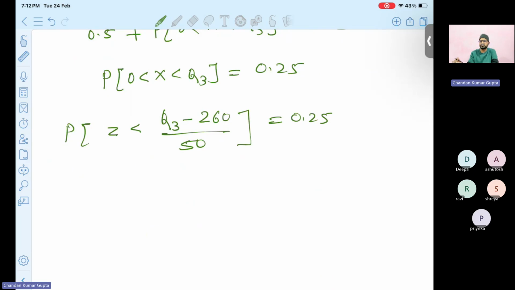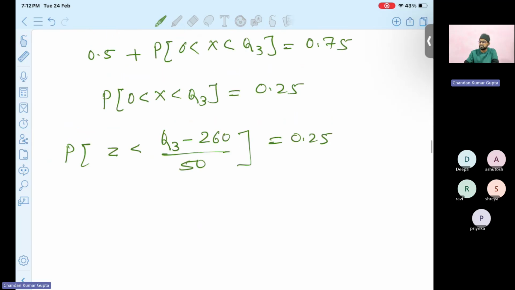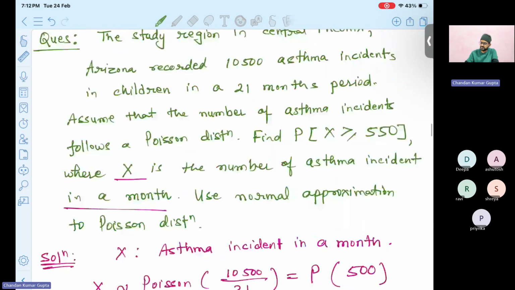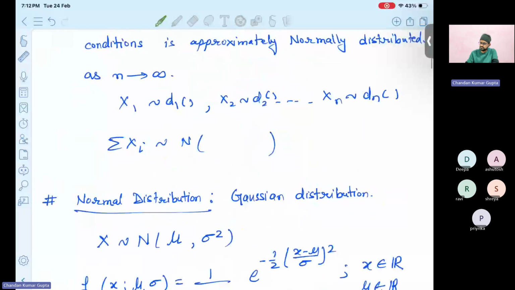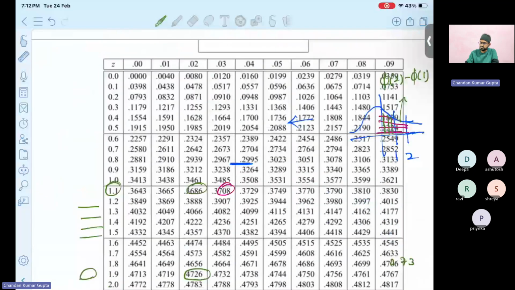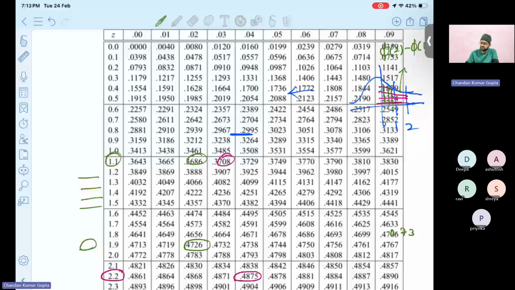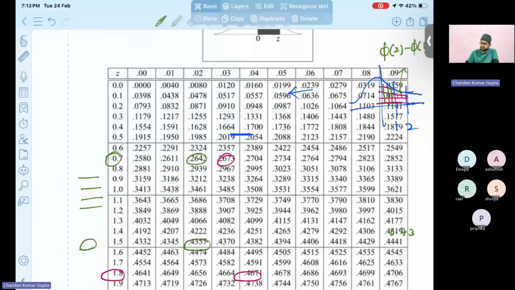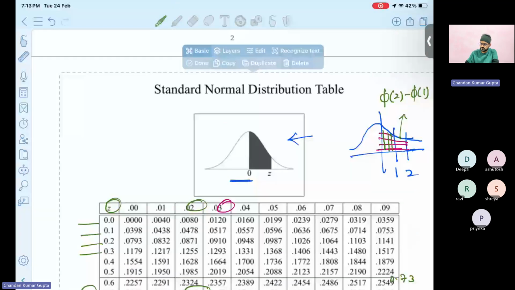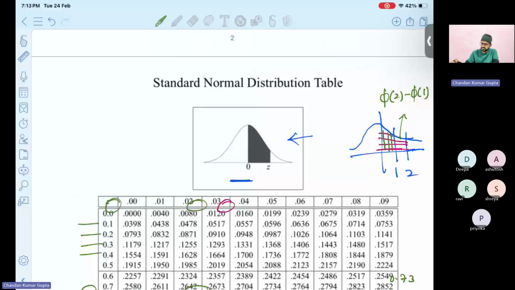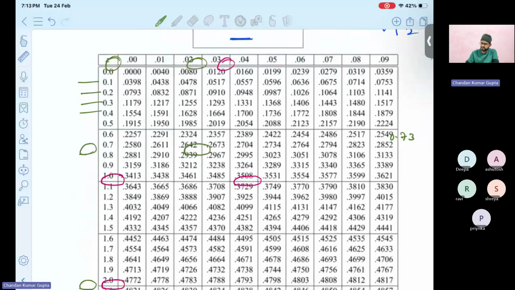So let's see the table again, where the probability value is either 0.25 or near 0.25. Sorry, I think the table has misaligned. No, it's okay.